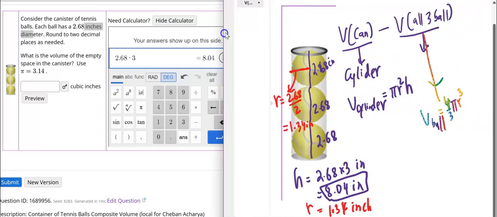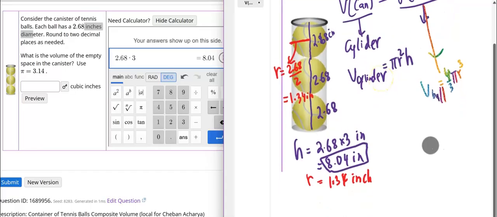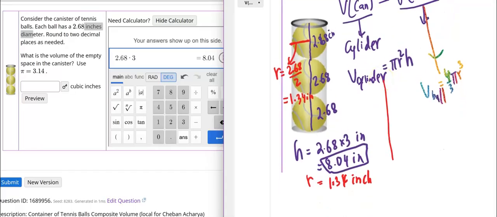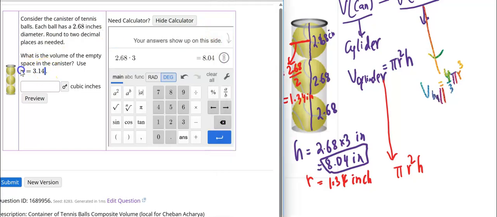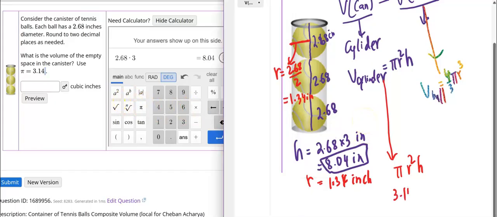Okay, so we have all the information here. Let's find the volume of the cylinder first. Pi r square h, that's the formula. Pi is going to be 3.14. That's what I say to use. Do not use pi from the calculator. So 3.14 times r, which is 1.34 squared, times the height, which is 8.04.